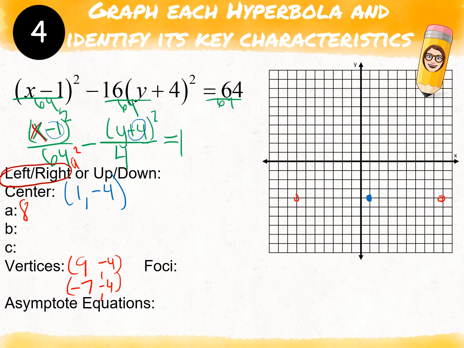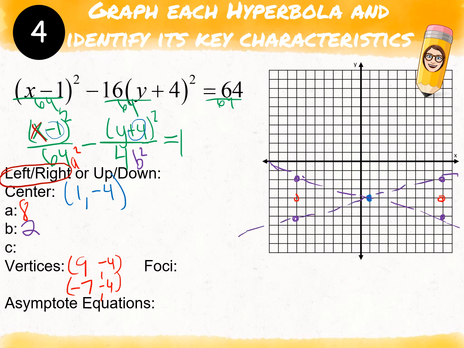My b value is based on the second piece. B squared is 4, that means b is 2. From each vertex, we're going to go 2 in the opposite direction. So 2 north, 2 south. We need to go that direction so that we can get that perfect x that we're looking for our asymptotes. And I apologize, your drawing is going to be much better than mine, but you're used to that by now.